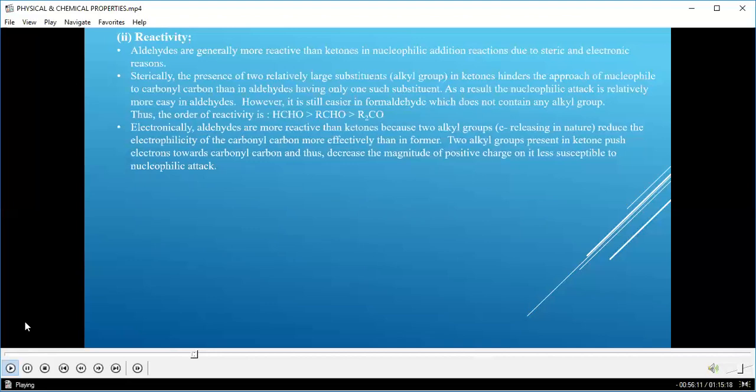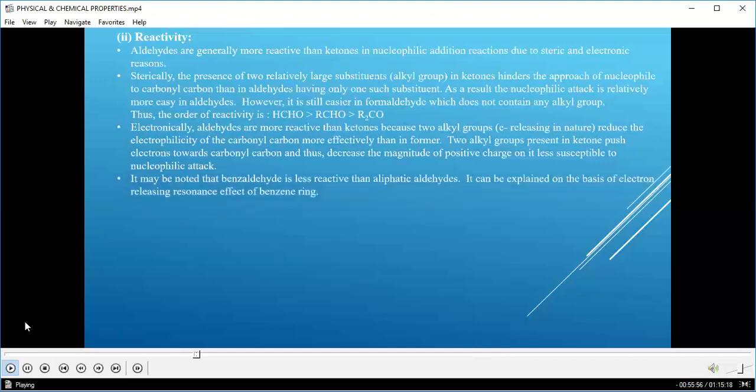As the carbonyl group in a ketone contains two alkyl groups, they are ready to donate electrons to the carbonyl carbon. Hence, the carbonyl carbon does not want any more electrons from the nucleophile.